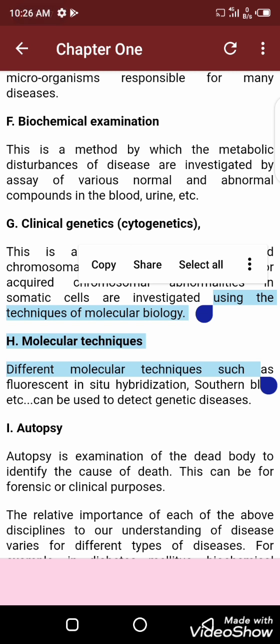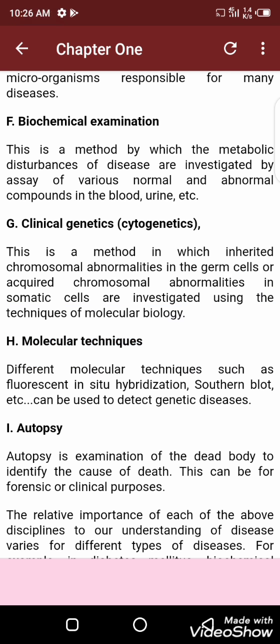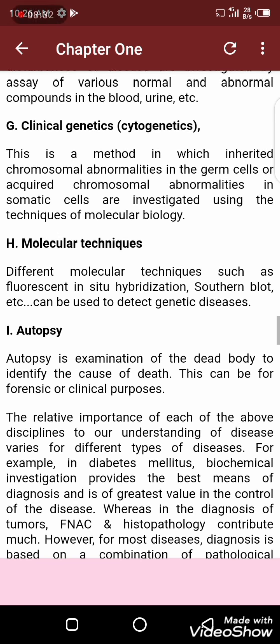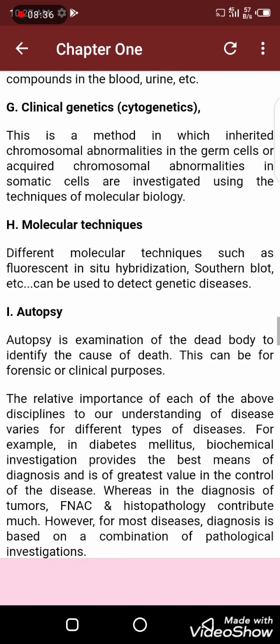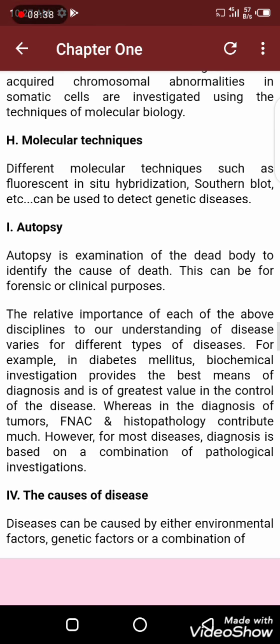So in clinical genetics, cytogenetics, this is a method in which inherited chromosomal abnormalities in the germ cell and acquired chromosomal abnormalities in somatic cells are investigated using the techniques of molecular biology. So in molecular techniques, different molecular techniques such as fluorescence in situ hybridization, Southern blot, etc. can be used to detect genetic diseases.